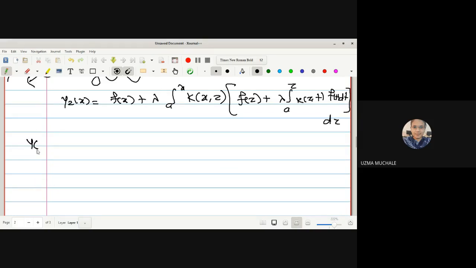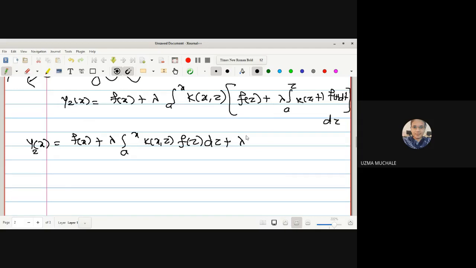So what we have now: y2 of x is equal to f of x plus lambda integration a to x k of x z multiplied by this f of z dz plus, what is the next term?